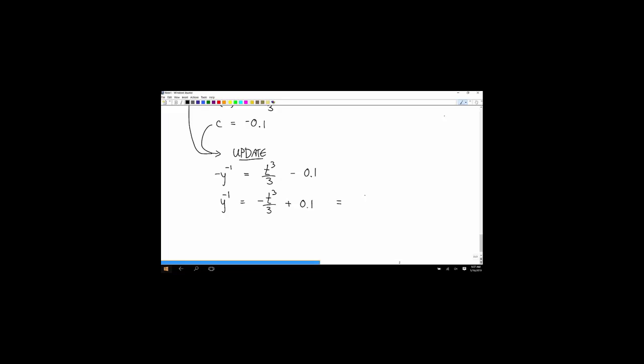So I think this is equal to negative 10 t cubed plus 3 over 30. And now I can just take the reciprocals and I finally get that y is a function of time, the thing we're looking for.